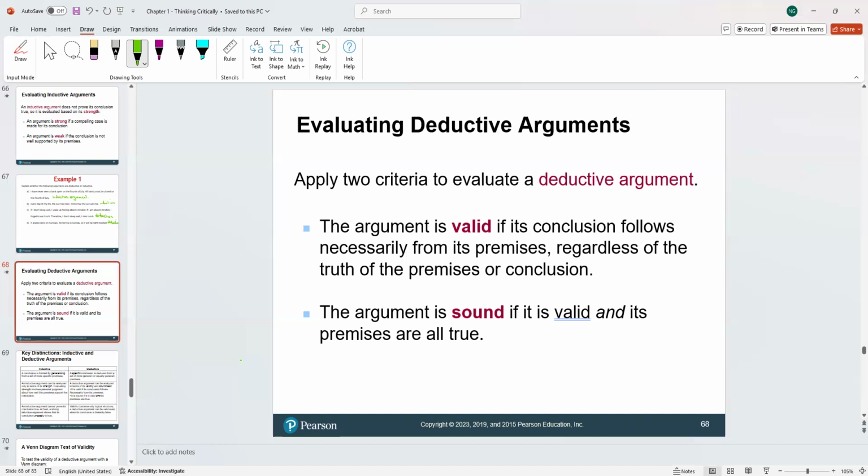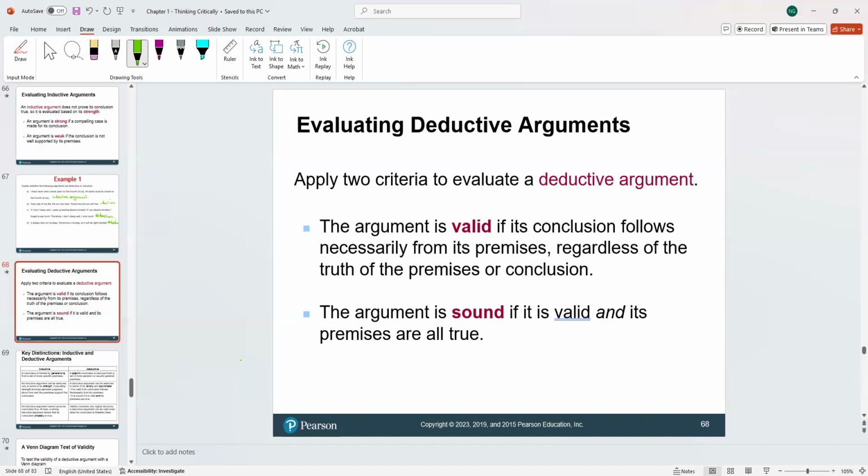We check the validity first. Soundness represents the highest test of reliability of a deductive argument because, at least in principle, a sound argument proves its conclusion true. However, soundness may still involve personal judgment if the truth of the premises is debatable.